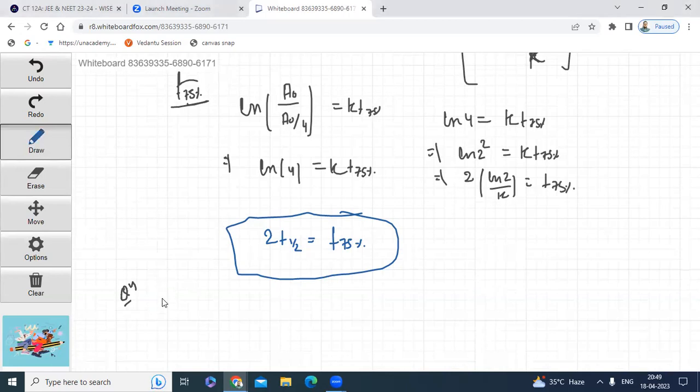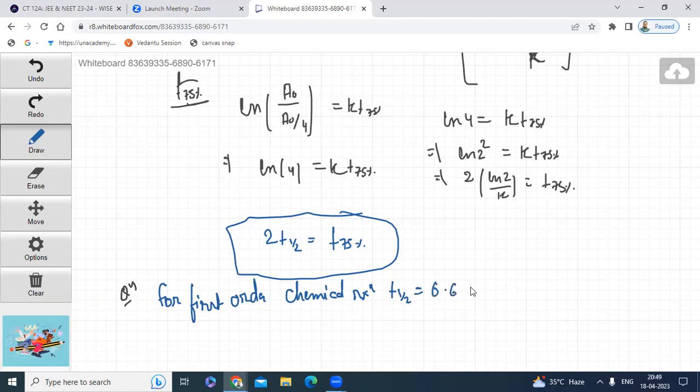For a first order chemical reaction, the T half value is equal to 0.693.